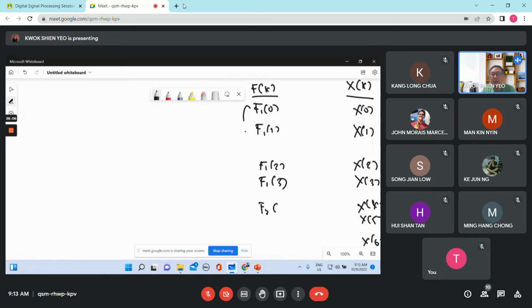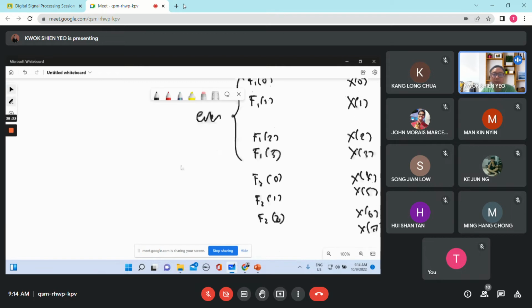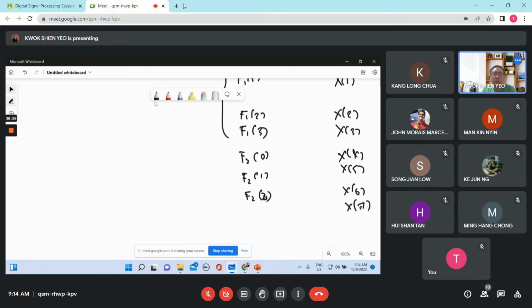This is my even entry, and this is my odd entry: F20, F21, F22, and F23.